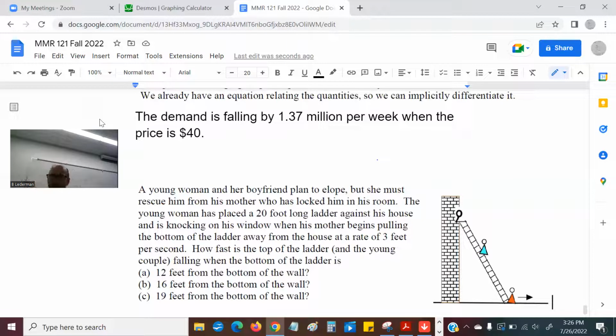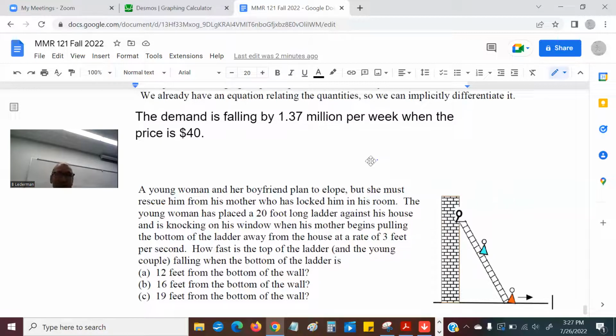I'm going to draw this on paper, but what I want to point out is that the wall, the ground, and the ladder form a right triangle. We're going to make use of that fact.